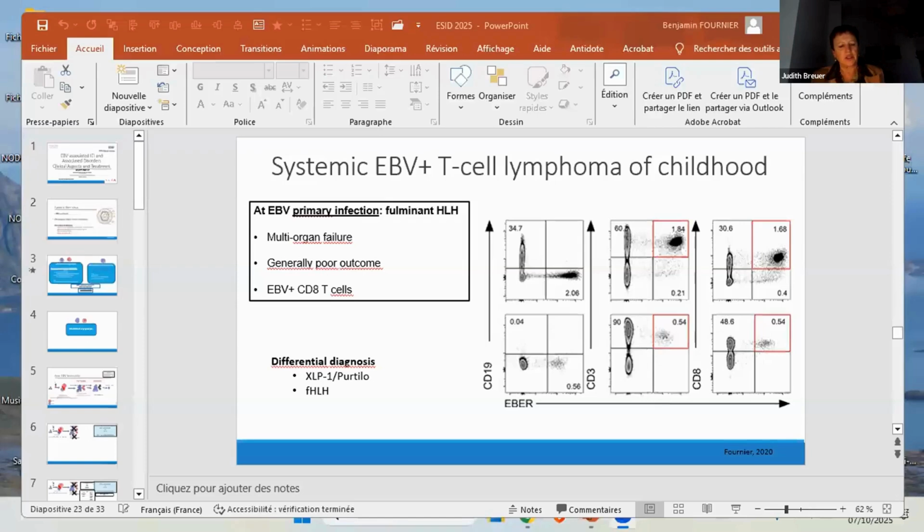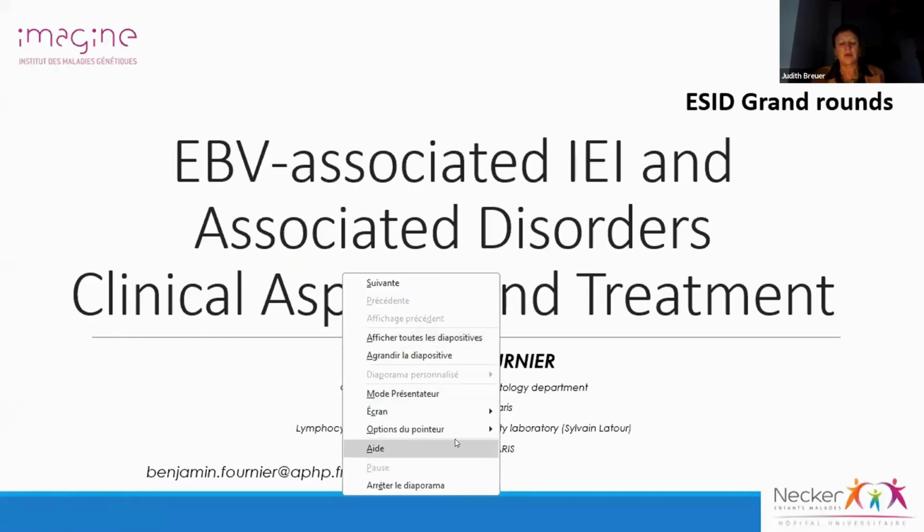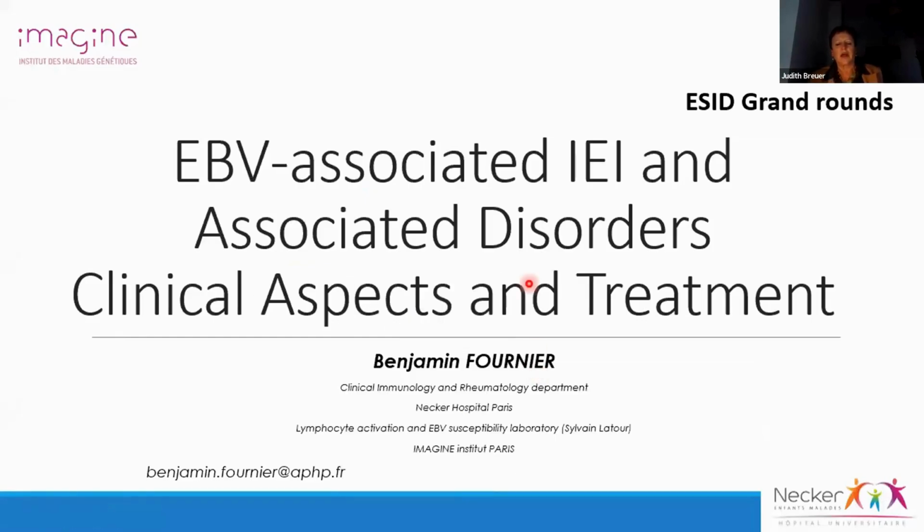So meanwhile, we have our third and final presentation from Benjamin Fournier, who works at Necker in pediatric immunology, hematology, and rheumatology, and also works with Sylvain Latour, looking at the interactions between EBV and the immune system, particularly in EBV immunodeficiencies and T/NK lymphoproliferative disorders.